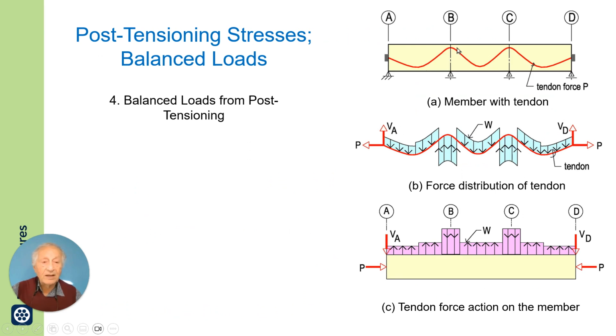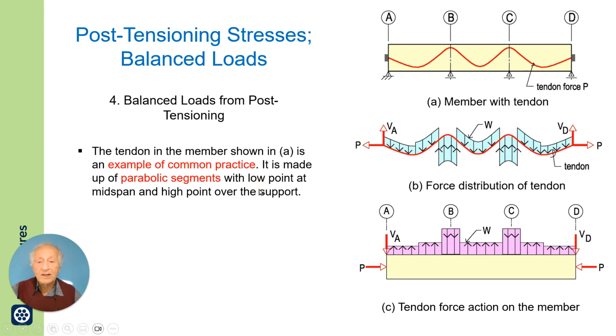Now here I have an example of a 3-span member with a tendon which goes from one end to the other end. The tendon is shown in A. It's made up of parabolic segments with low points at midspan and high points over the support. So this is the tendon shape. The up and down forces exerted by this tendon on the structure are shown here.